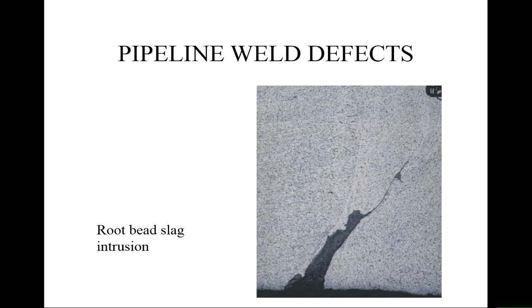Slag intrusion in the root bead. Again, why do we have slag there? Because the weld hasn't been cleaned properly to remove all the slag after welding, which is difficult because the skills of the welder also depend on the access to the weld, and there are situations when the access is very difficult.